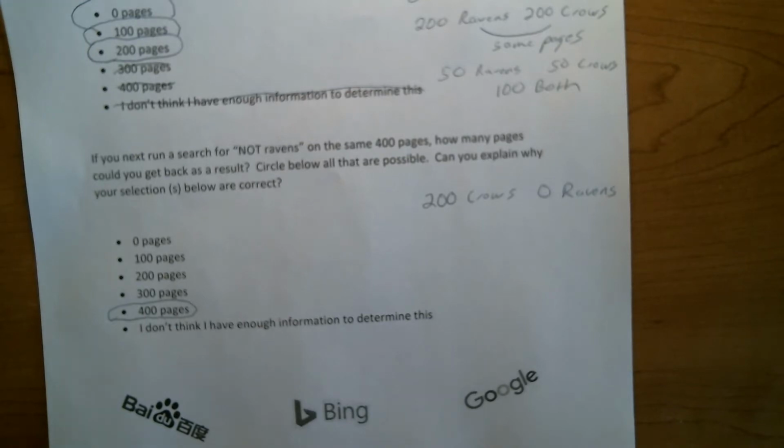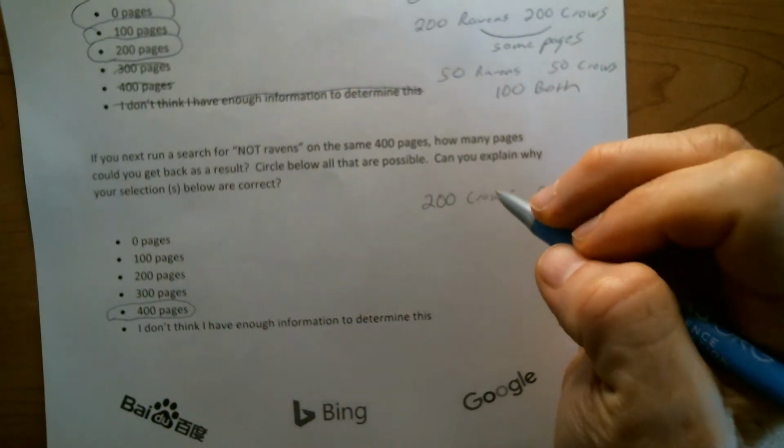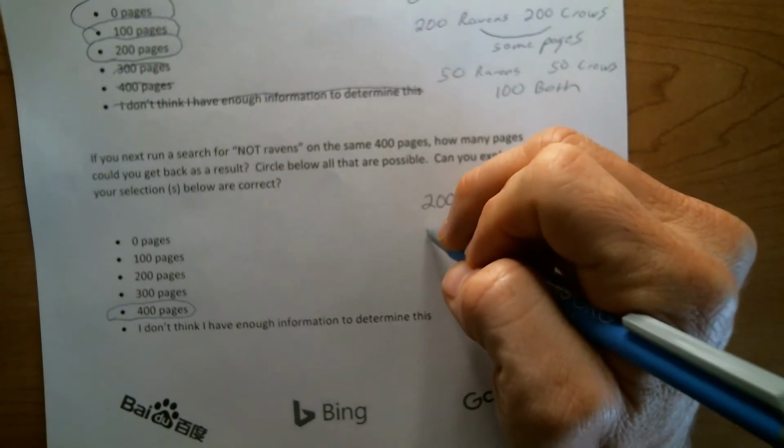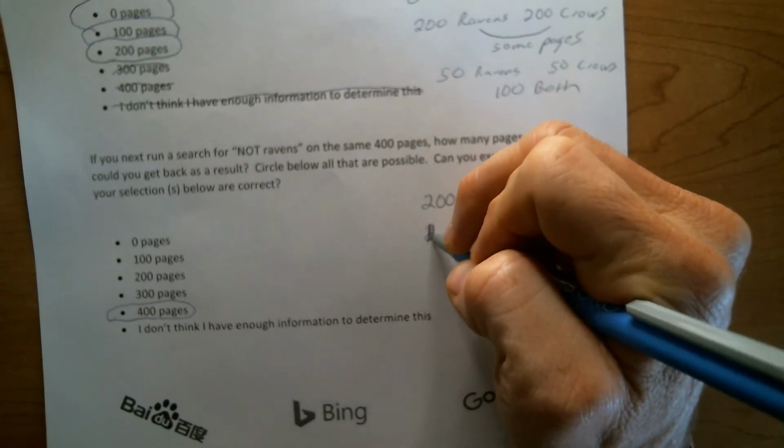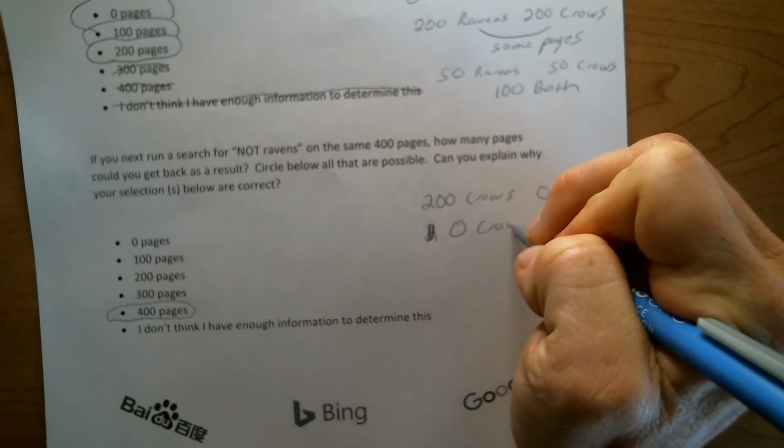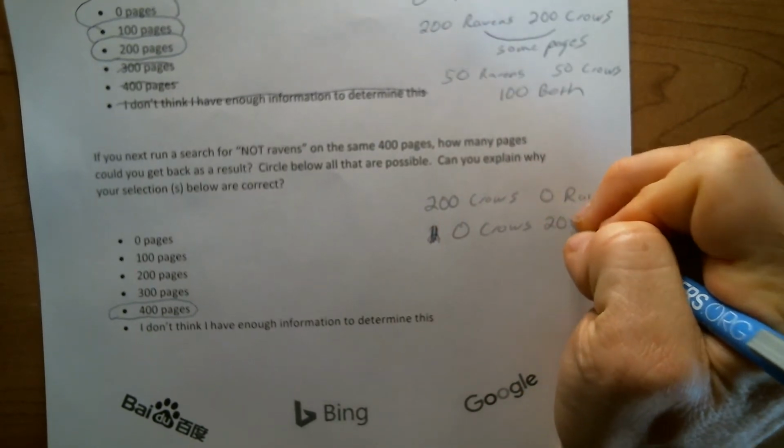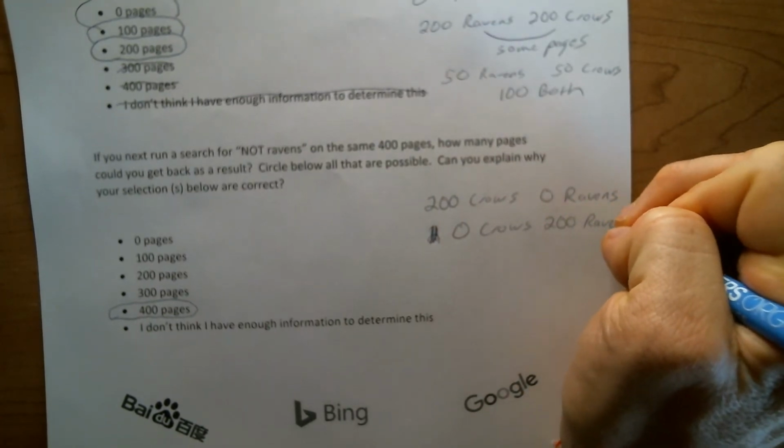All right. Now let's go to the other extreme. Let's pretend I had 0 crows and 200 ravens.